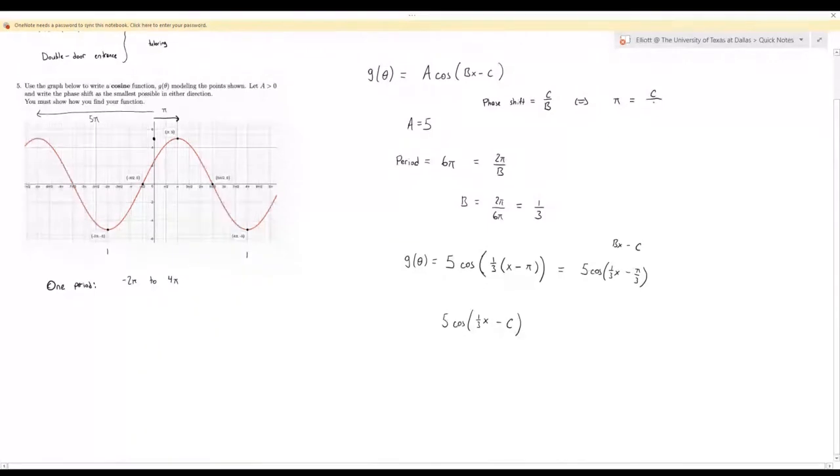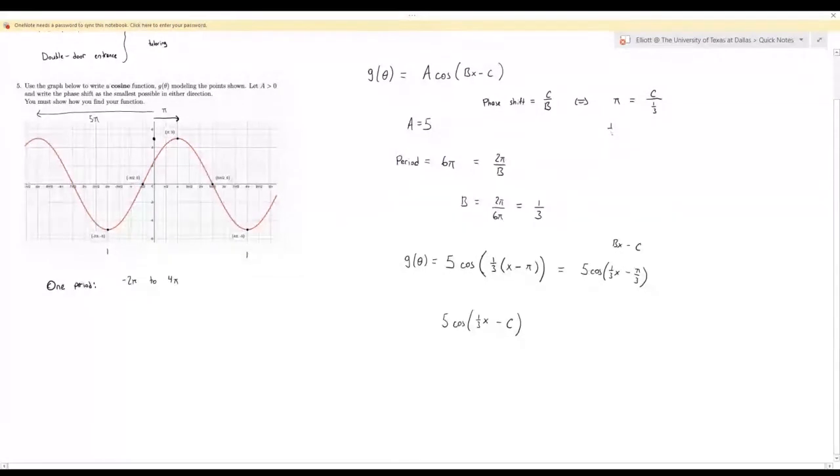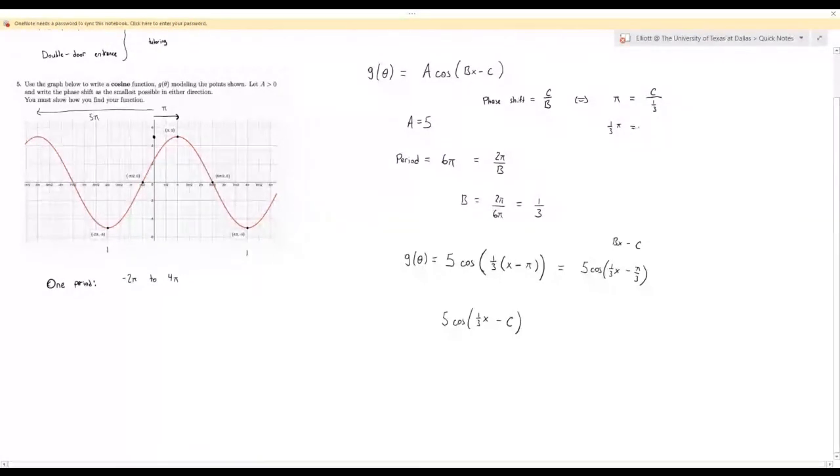We figured out earlier that b was 1/3. And if you multiply the 1/3 over to the other side, you get 1/3 pi. So that's another way you could have done it, set up an equation to solve for c, and then plug in pi over 3 for c, and that would have given you the same answer, okay?